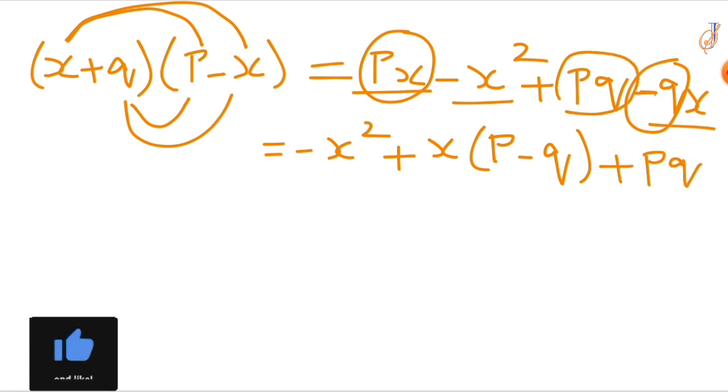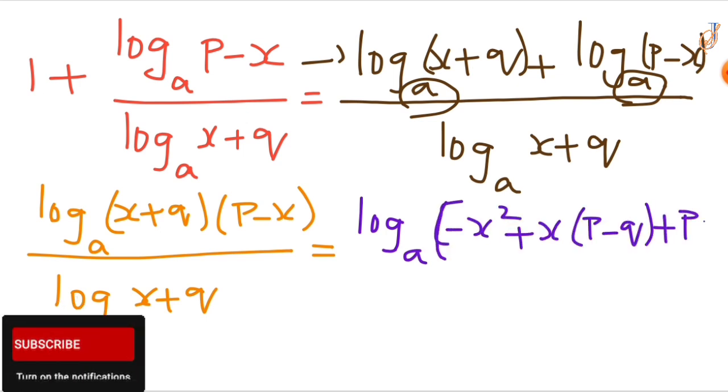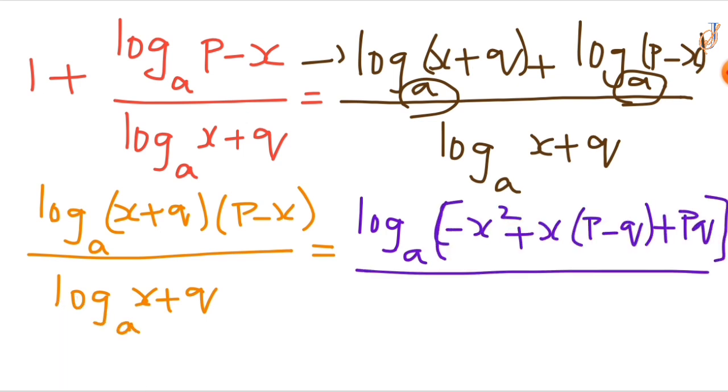After expanding, we got −x² + x(p − q) + pq. Substitute back in our equation, over log_a(x + q). After simplifying the left hand side, we got this expression.